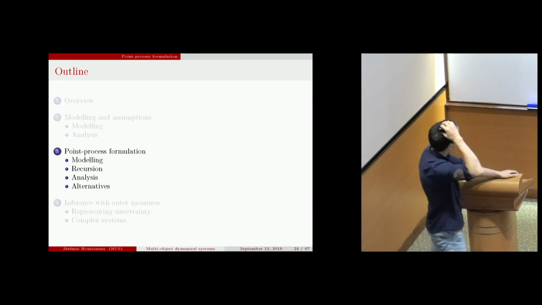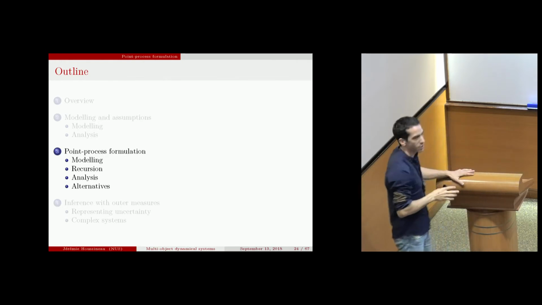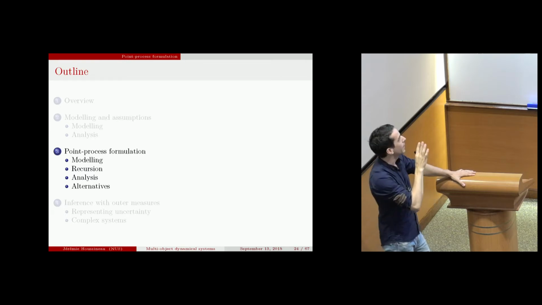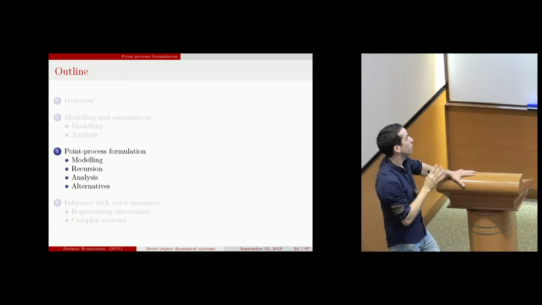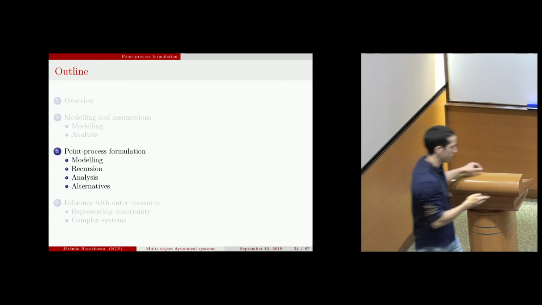Okay, so until now, I didn't get much into the details, because you should thank me, the details are pretty bad. But there's a more appropriate way of addressing the problem, at least for some applications, based on point processes.